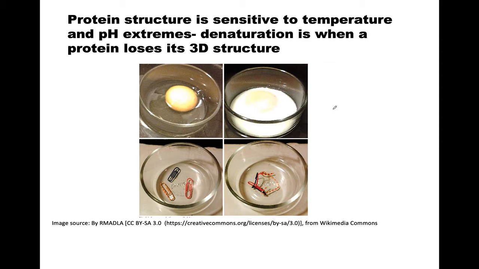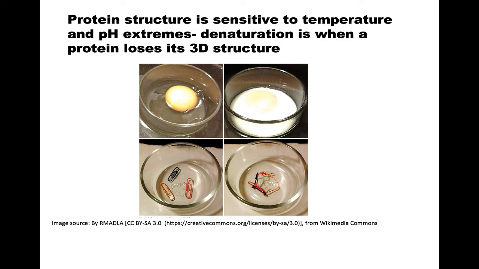Now, since protein structure is sensitive to temperature and pH extremes, it's really important to have the protein in ideal conditions, ideal salt, pH, and temperature conditions. And what happens when we heat up a protein, just like when you cook eggs or beat up the eggs and you destroy the structure of the protein? A lot of the protein in eggs is albumin.